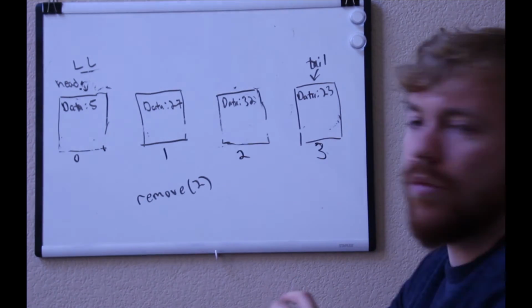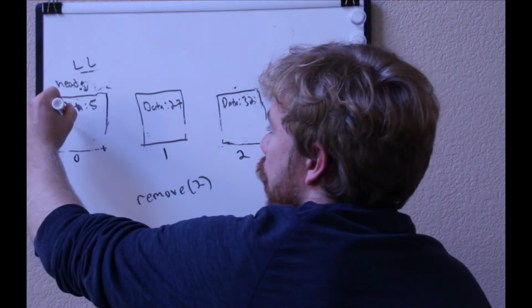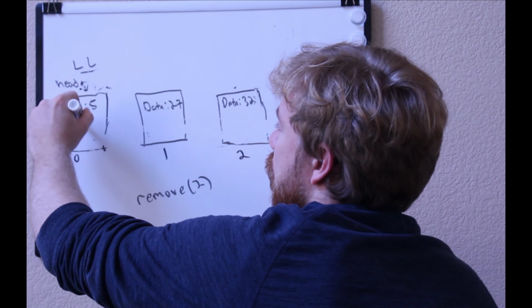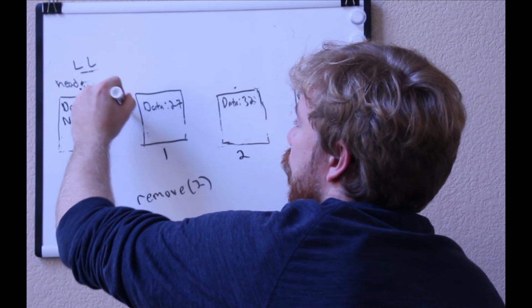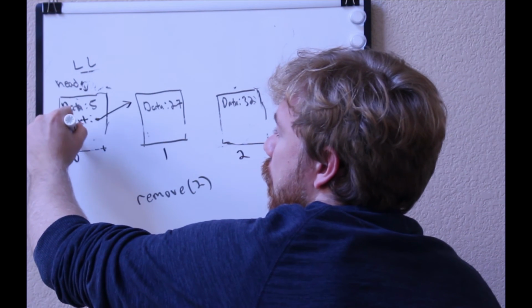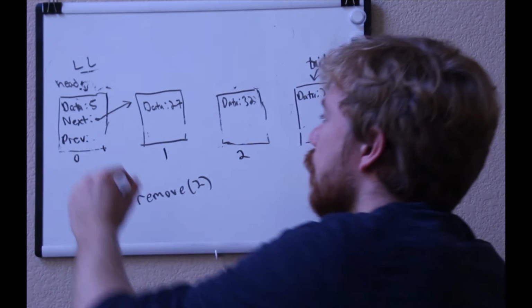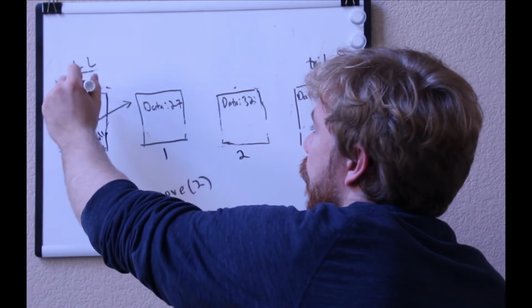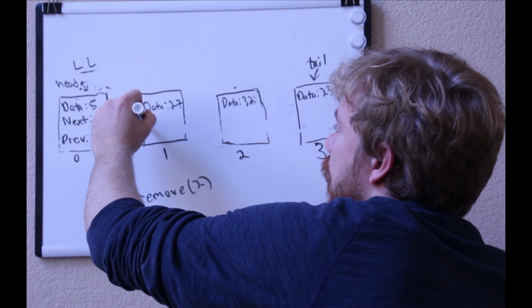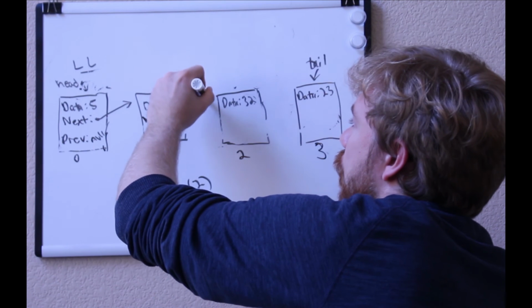So I'm going to adjust what's inside of our nodes now. I'm going to say our nodes have a next, which points to the next node, and a prev, which represents a reference to the previous node. In this case, for the head, it will be null. And then this node's next will reference the next node.